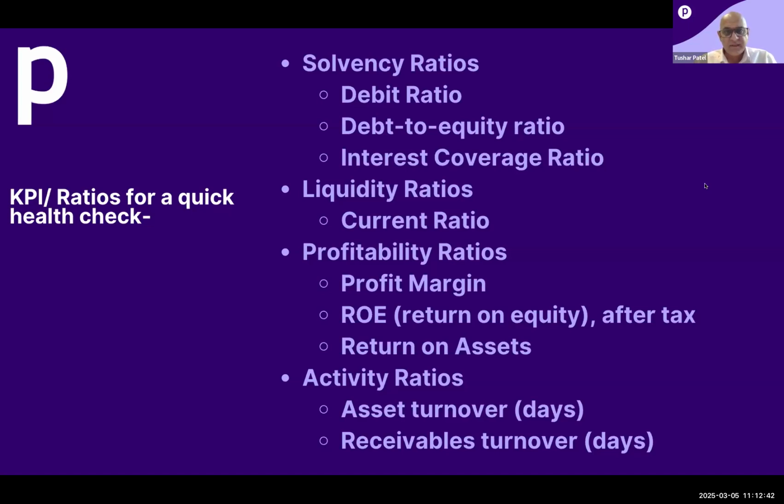Then we've got some profitability ratios that are a mixture. The first one there is more of a P&L measure. It's EBITDA over the sales, or net profit over the sales, whichever way you want to look at it. It shows how much profit you're making for the sales that you're generating, and it's quite a good measure of keeping track of profitability.